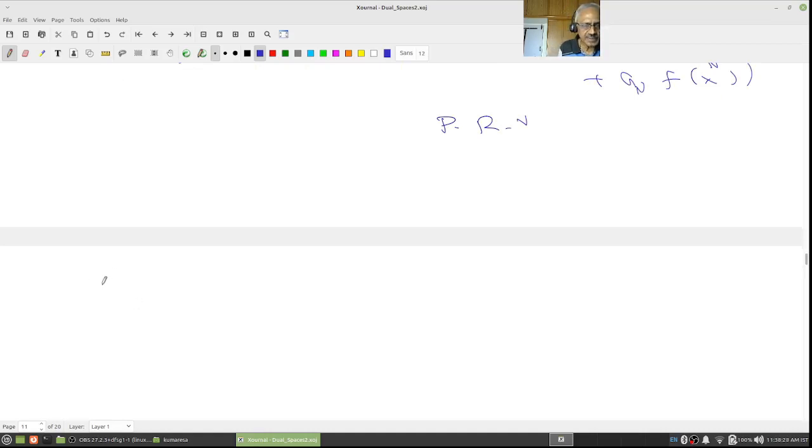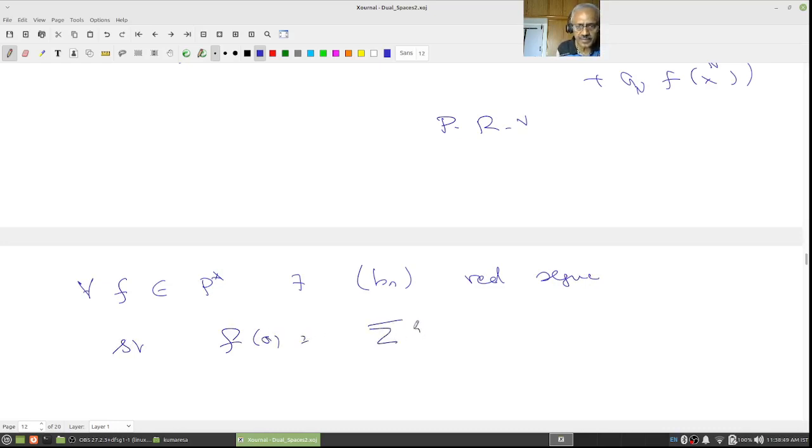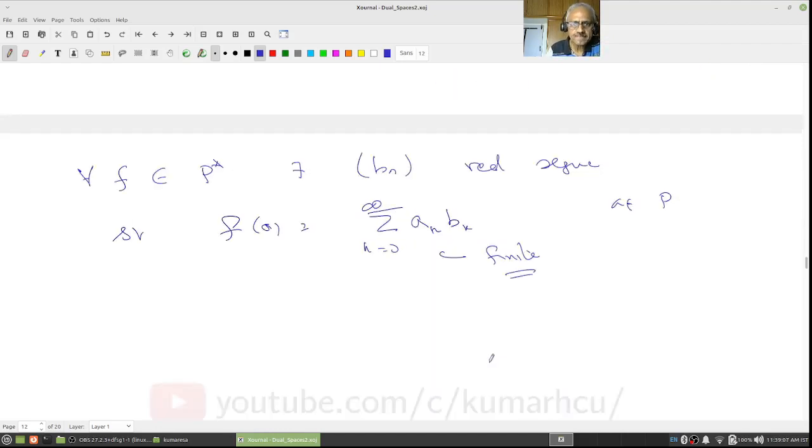Therefore, what we find is, for every f in P star, the dual, there exists a sequence b_n, a real sequence, so that f of a is the summation of a_k b_k, k running from 0 to infinity. But notice that since a belongs to P, this sum is finite. Yeah.